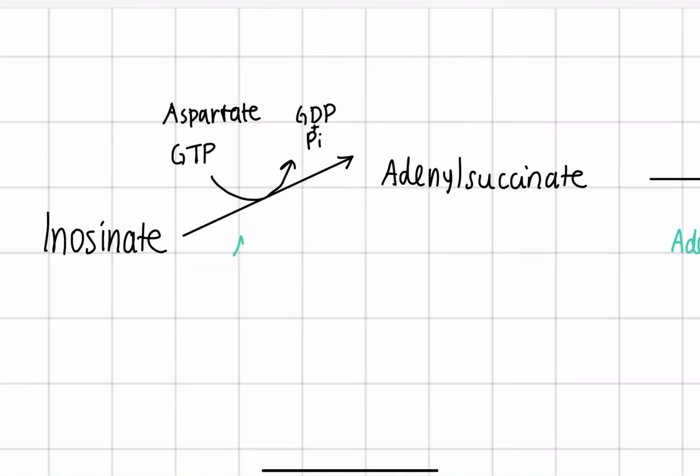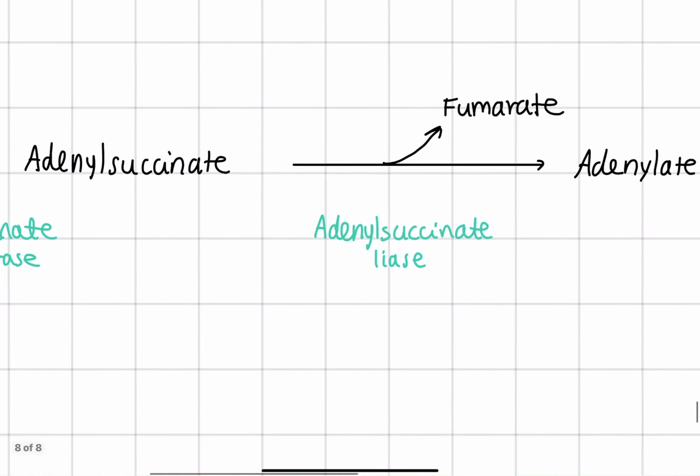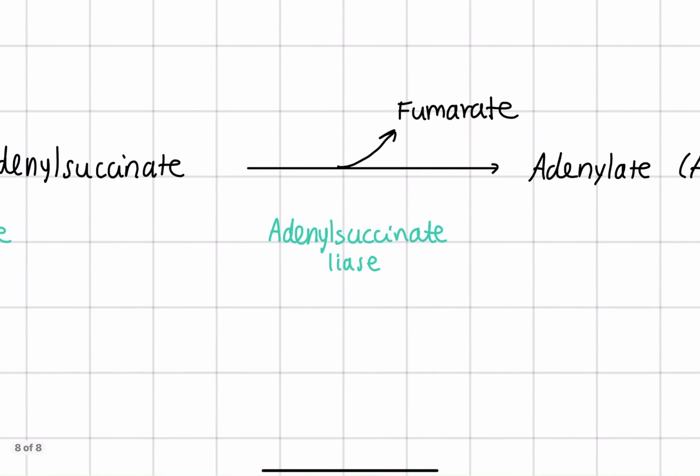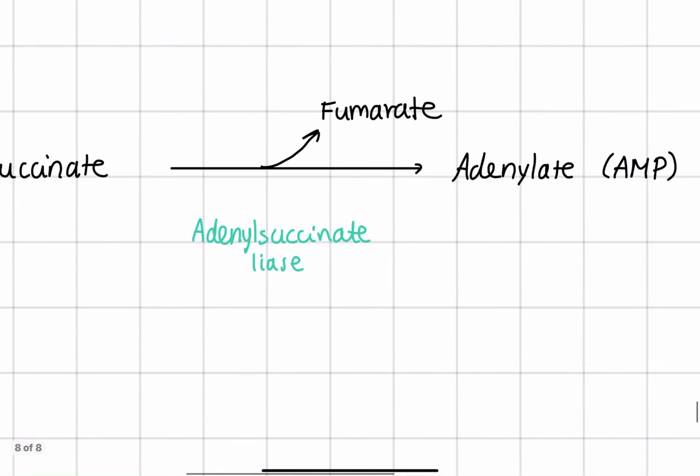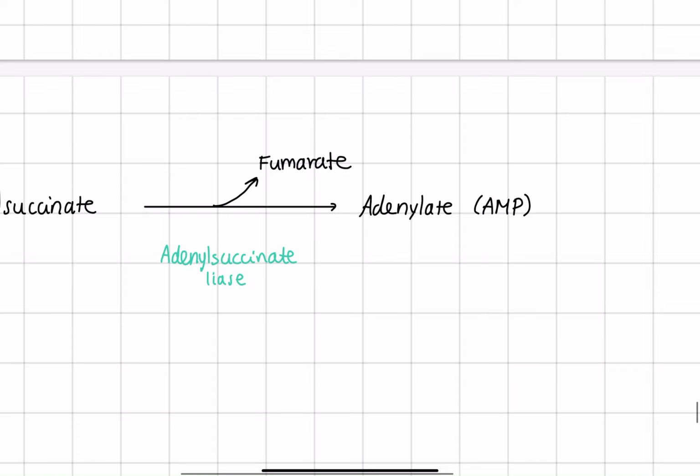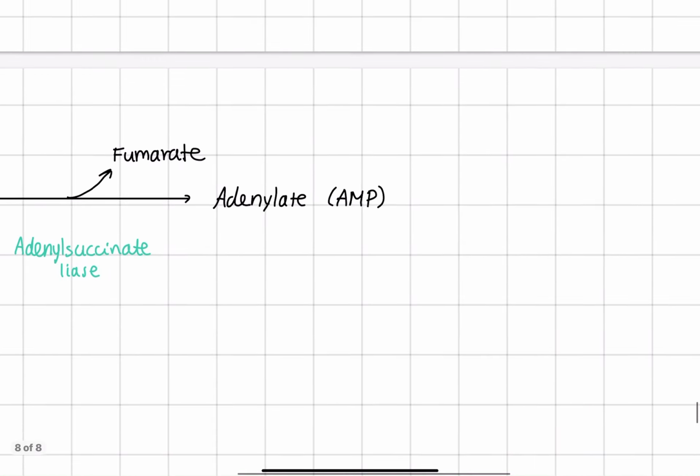So it's called adenylosuccinate synthetase. A synthetase, and then you get rid of a fumarate, called adenylosuccinate lyase, an enzyme. And here's what we get, adenylate.